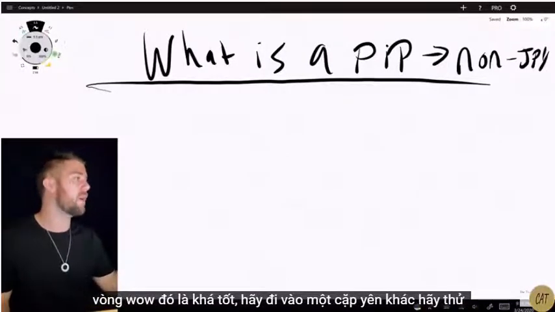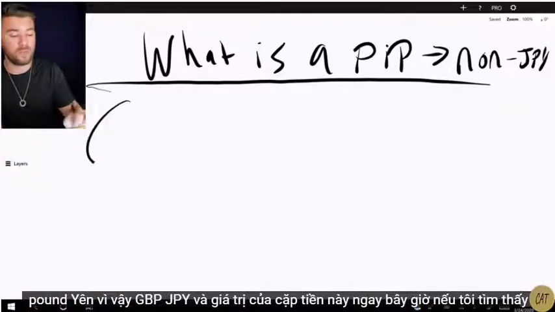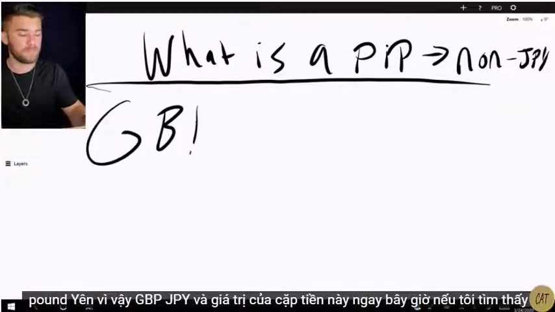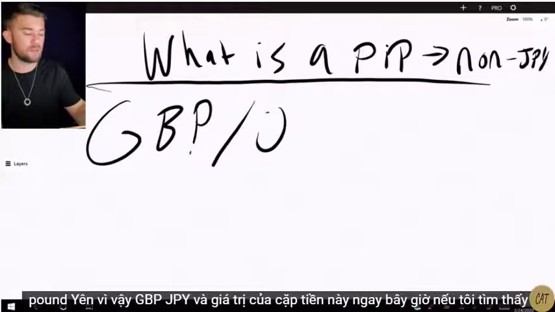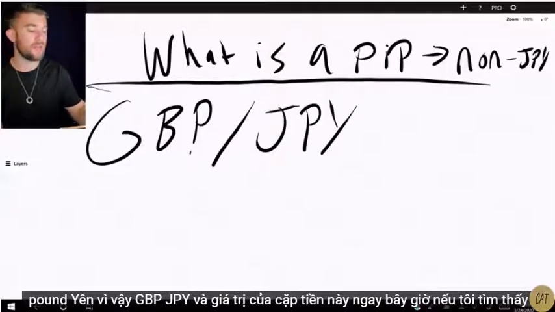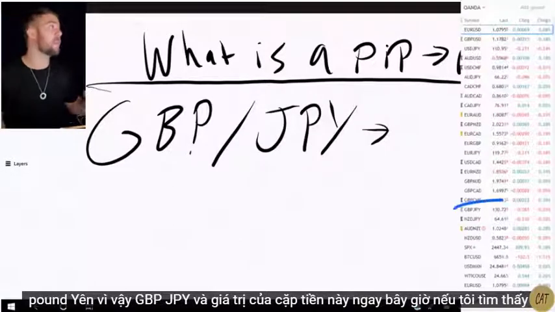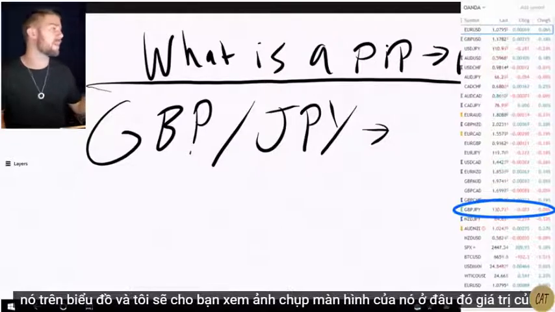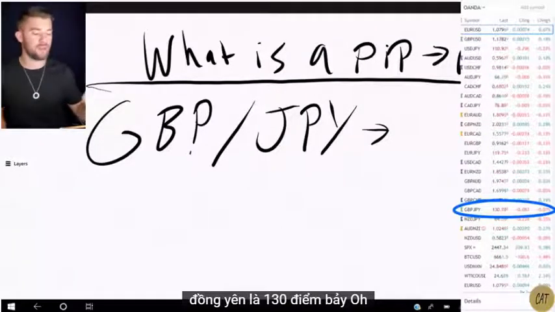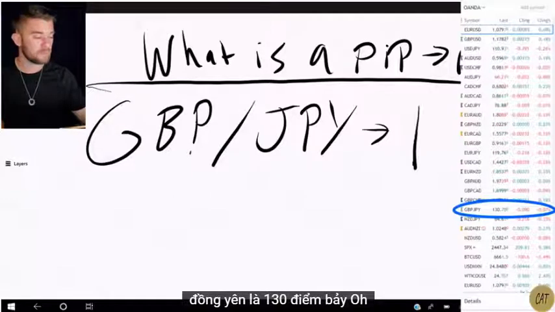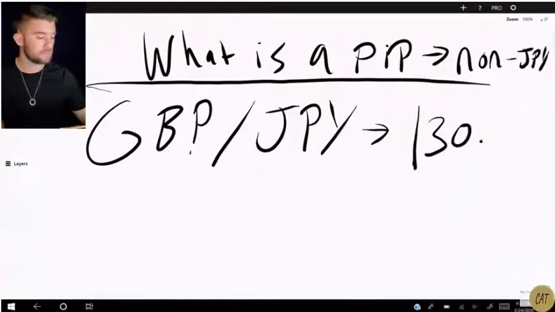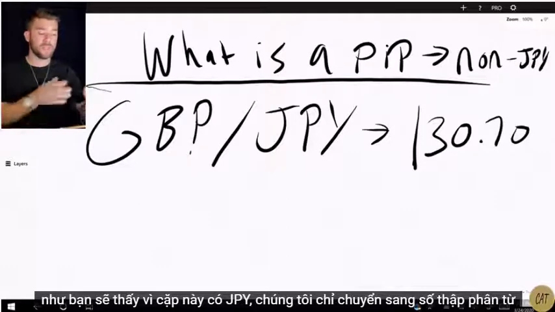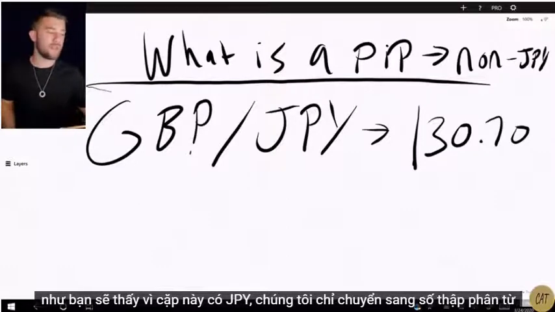Let's go into another yen pair. Let's try out the pound yen, so GBP JPY. The value of this currency pair right now, if I find it on the chart, and I'll show you a screenshot of it somewhere, the value of the pound yen is 130.70. As you'll notice, because this pair has JPY in it, we only move 2 decimals from the decimal, right?